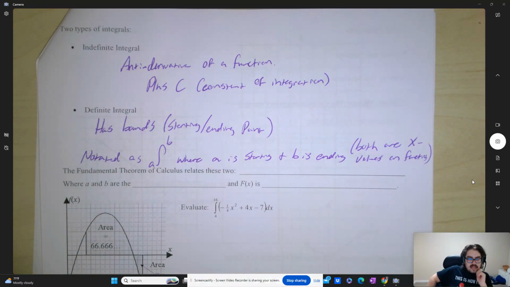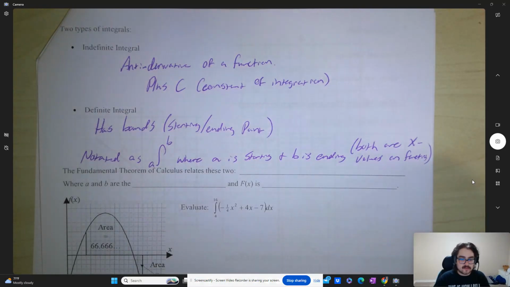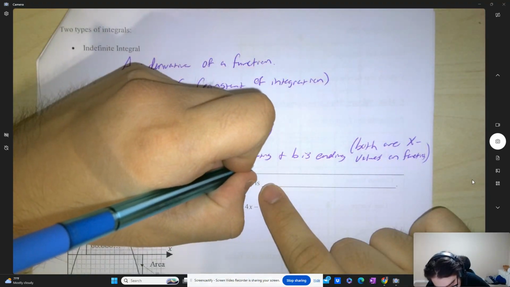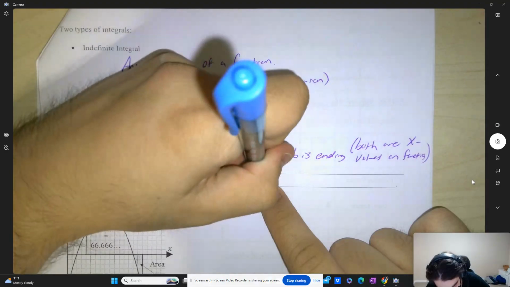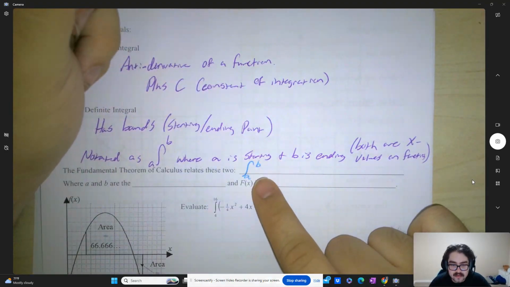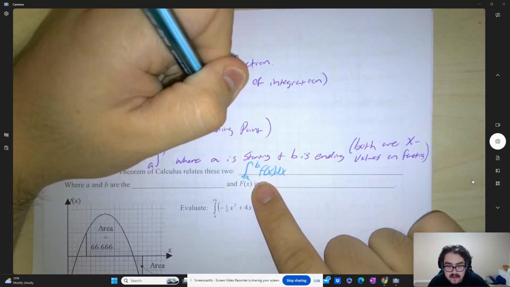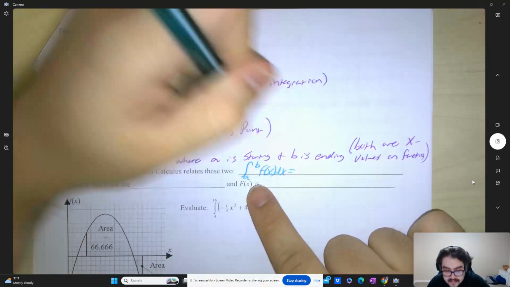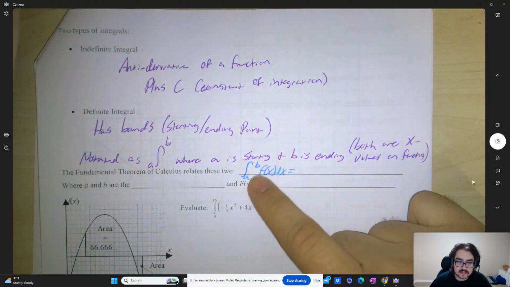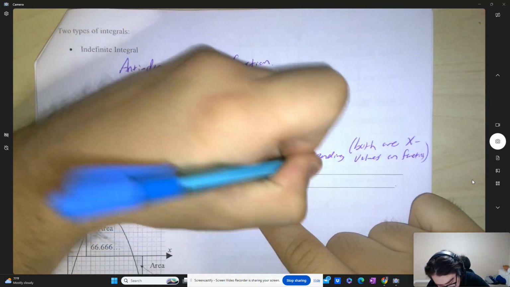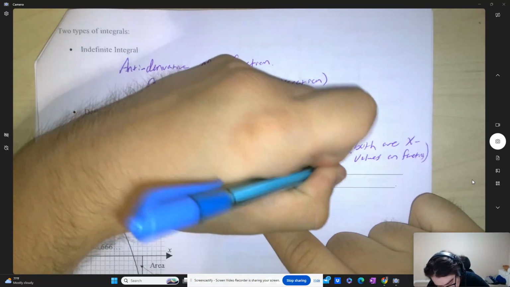Now, the fundamental theorem of calculus gives us that if we're trying to solve a definite integral, one that has bounds, then the way that you would solve it is pretty easy. If you have the integral here, with bounds a and b, of f of x dx, then the definite integral is given as the function with b plugged in minus the function with a plugged in.